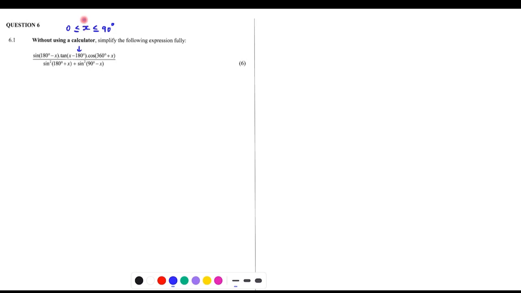So now here, what do we do when we see a negative angle? When we see a negative angle, you add 360, right? So that's the first thing that I'm going to do here when I'm simplifying.